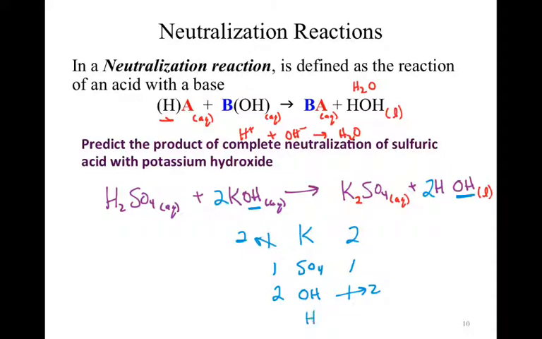Last one, hydrogen. We have to be careful with this because it's not hydrogen in OH, it's just the hydrogen here. There are 2 hydrogens on the reactant side, and it's just the hydrogen in front because I've accounted for the other hydrogen in hydroxide. I have 2 hydrogens in the product.